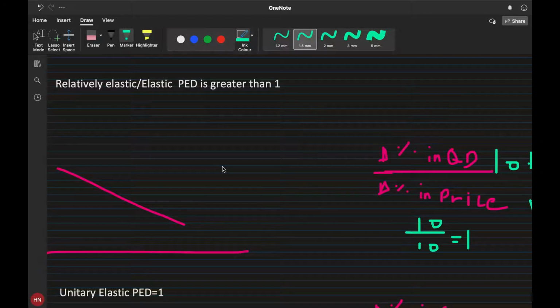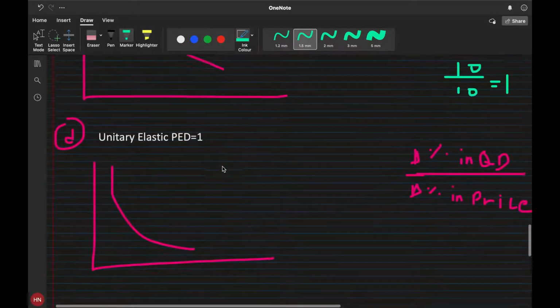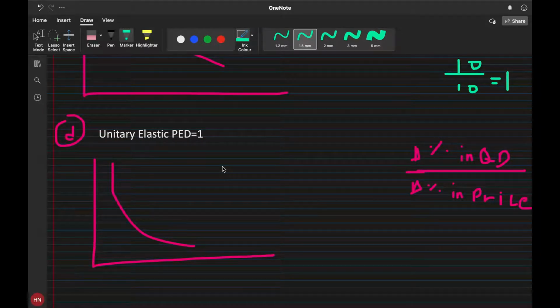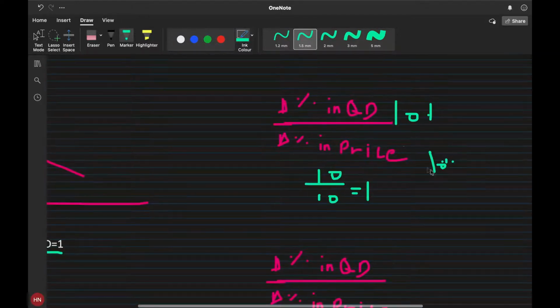Now let's have a look at the next one. Over here the demand is unitary elastic, and so what's going to happen is that the value of PED will be equal to 1. So we saw how if let's say the percentage change in price was 10 and the percentage change in QD was greater than 10, right?